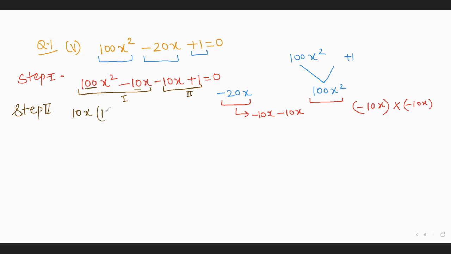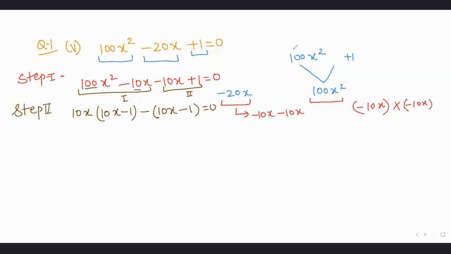So you see the left part is 10x minus 1. In a similar way, in the second part we have negative 10x plus 1, so you can take the common minus. So the left one part is 10x minus 1. As you can see, again we have taken the common minus and we have changed the sign from plus to minus.